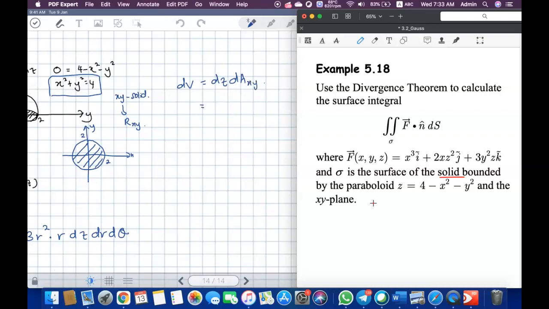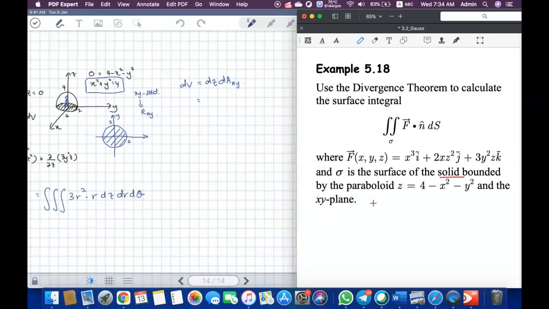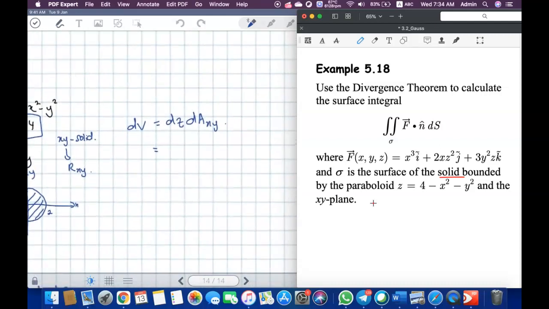For a double integral we use polar, for a triple we use cylindrical, where we just have an extra variable, z is z. So we don't need dx dy or dy dx; dz dA is r dr d theta, so dV is r dz dr d theta.